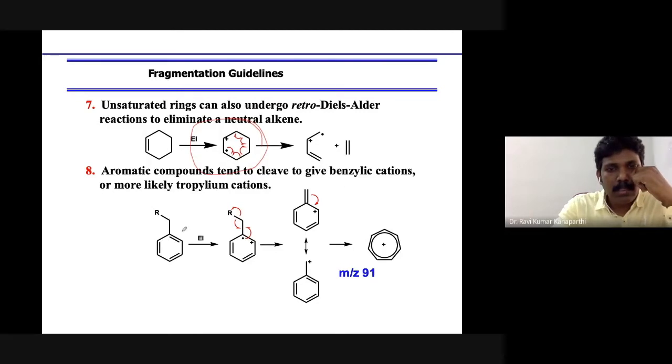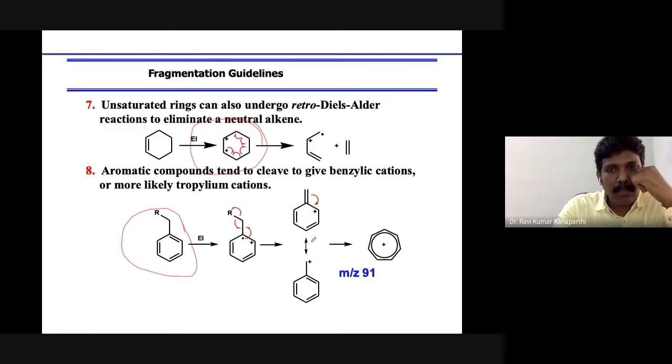This is something that I already pointed out at the beginning. If we have a substituted benzene ring, where it is connected with the CH2 and then something R, there is a high chance that this will form a benzylic cation.